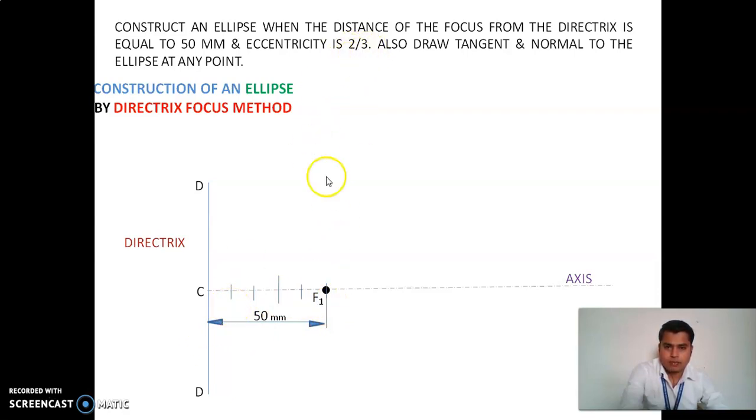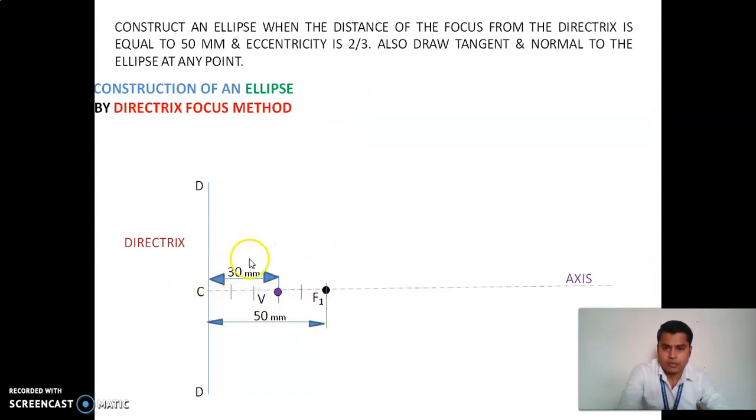At the second division from F1 there will be the vertex, that is VF. Then the remaining three parts, first, second and third up to point C, is VC.